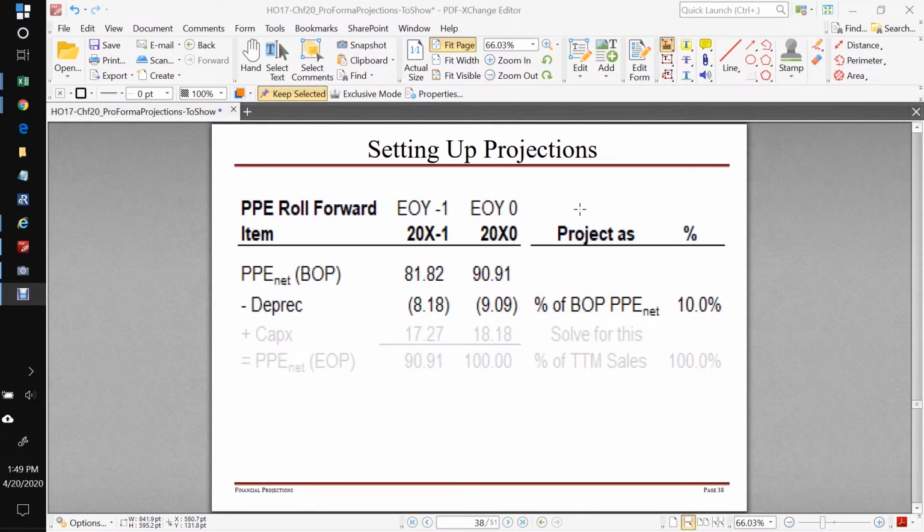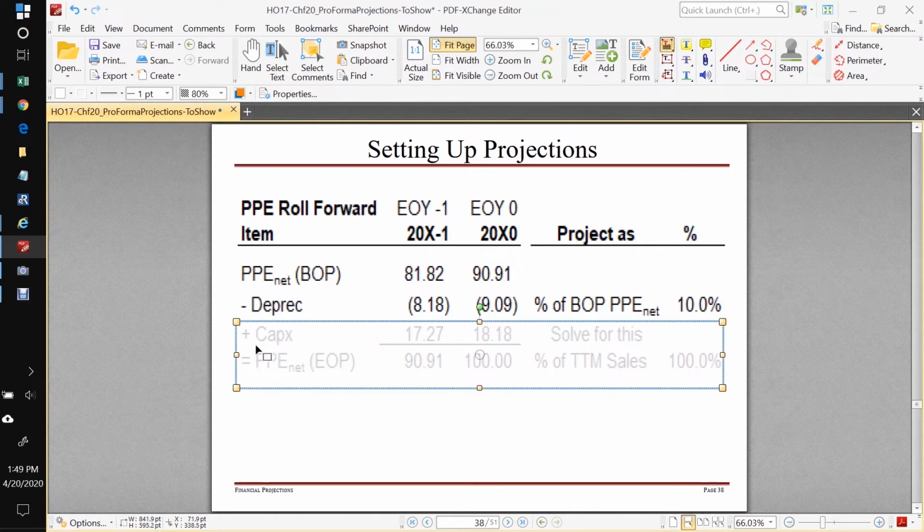Okay, so we're going to need to project our two roll forward equations, our income statement and our balance sheet. So let's start with the PPE roll forward and just make sure we know how we're going to do this. We're going to follow our general PPE roll forward equation: PPE net beginning of period minus depreciation plus additions to PPE equals end of period.